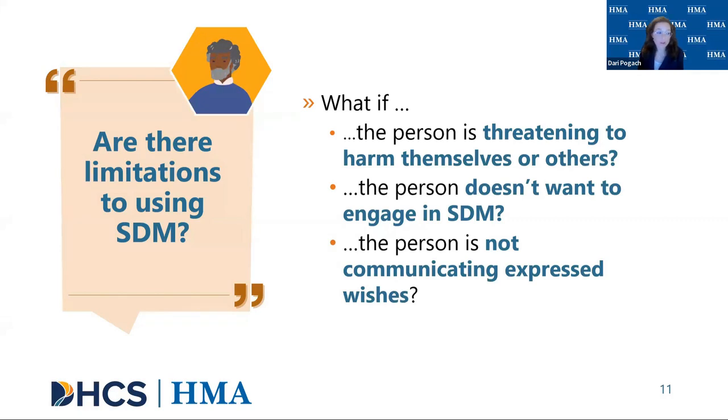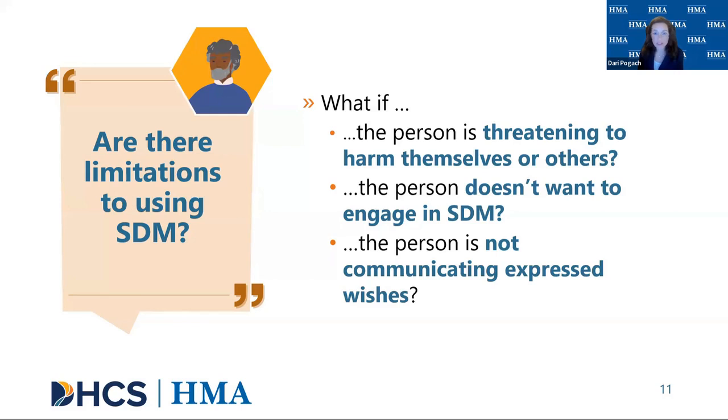What if the person wants to pay their cable bill instead of paying their rent for the month and is at risk of eviction? Again, in that instance, supported decision-making is completely appropriate. And as we've discussed, ultimately the person should make the final decision about how to allocate their resources.